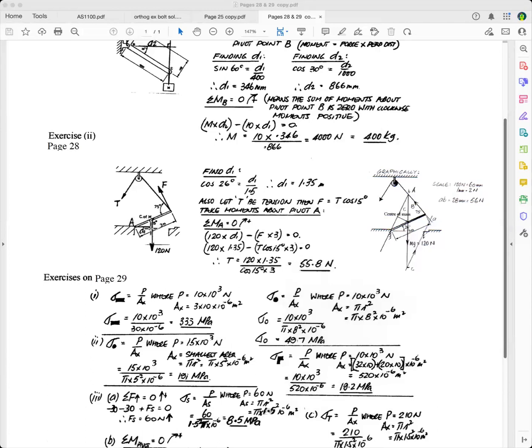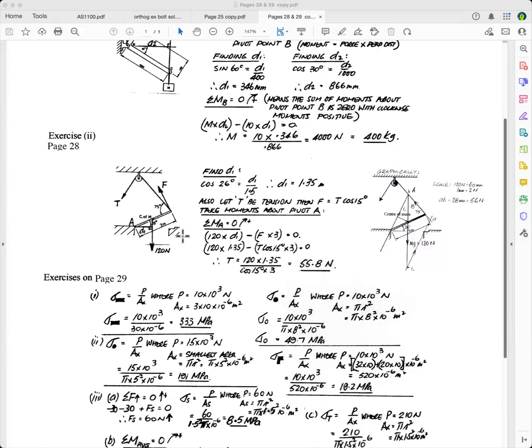So you've got to use this little triangle here and find the perpendicular distance between that force and that pivot point there. Now you can use the same method that I used up here to use the scaling on the force on the diagram, because all the diagrams, as I said, are drawn to scale. But this is simple trigonometry, and you should be able to do that.